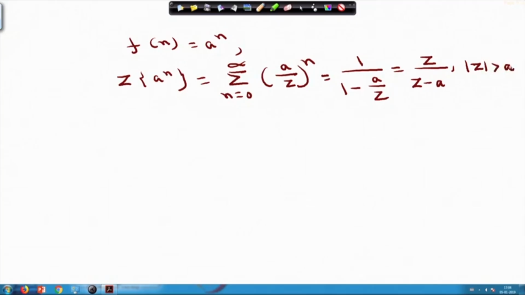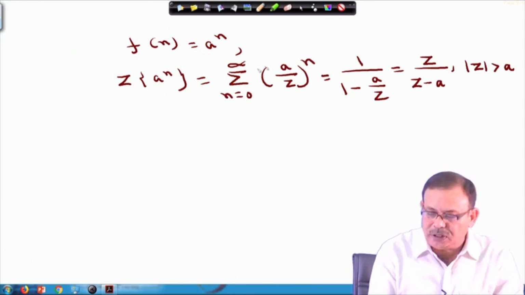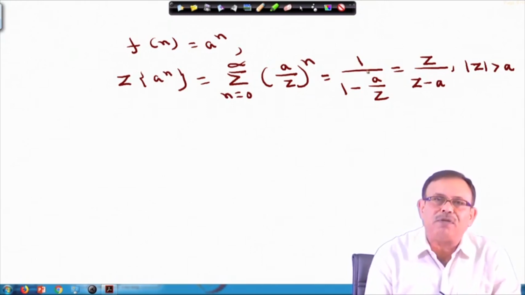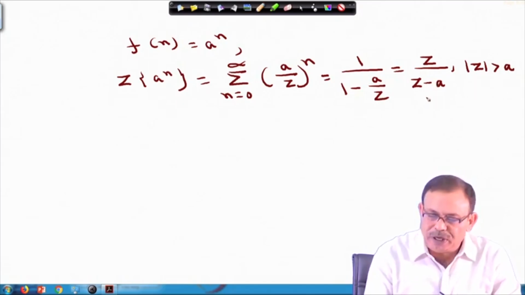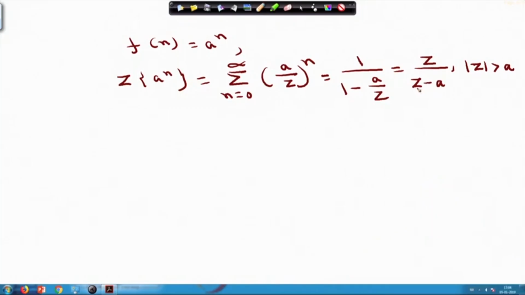So, therefore, the z transform of a to the power n is this series. I can write it in the form 1 by 1 minus a by z, which equals z by z minus a. Whenever I have to find the z transform of 1, I simply take a equals 1.